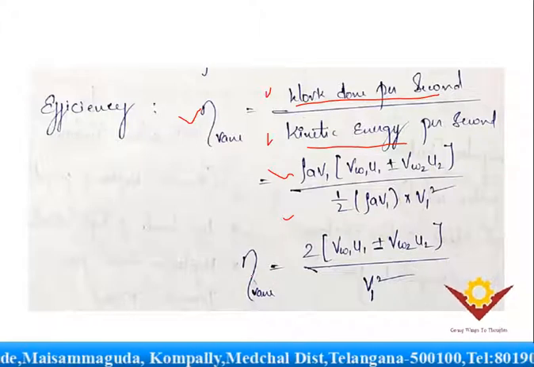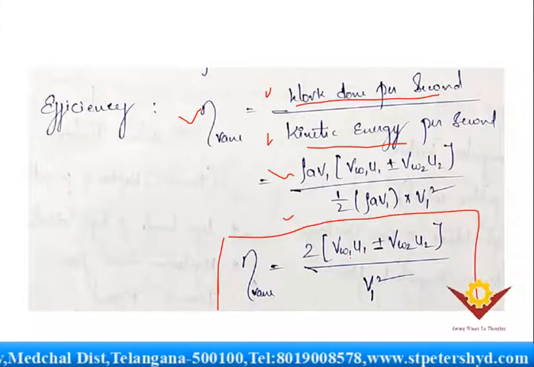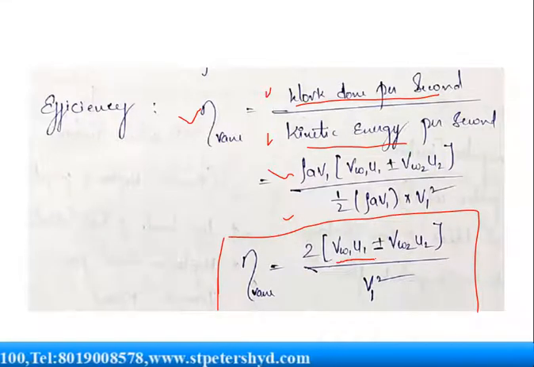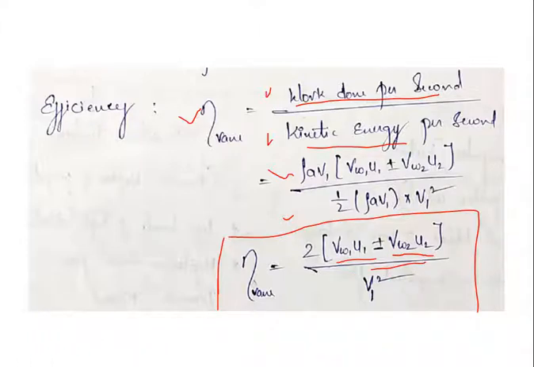If you substitute these two values, you're going to get the efficiency of the vane, which equals 2 into wheel velocity into blade velocity at the inlet tip plus or minus wheel velocity and blade velocity at the outlet, divided by v1 square, which is inlet velocity square. Thank you.